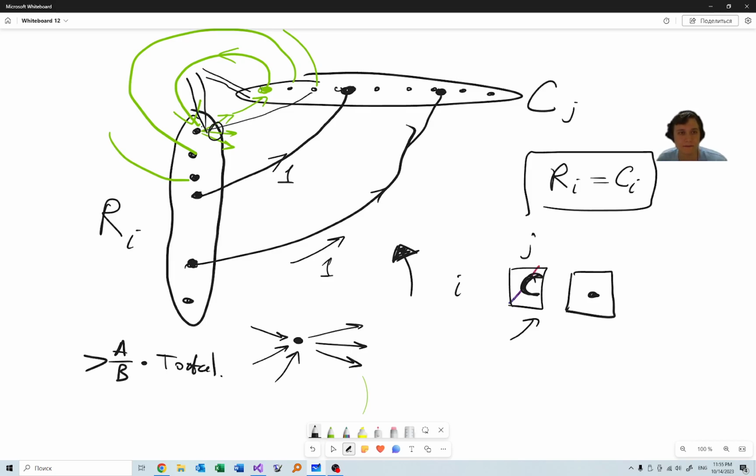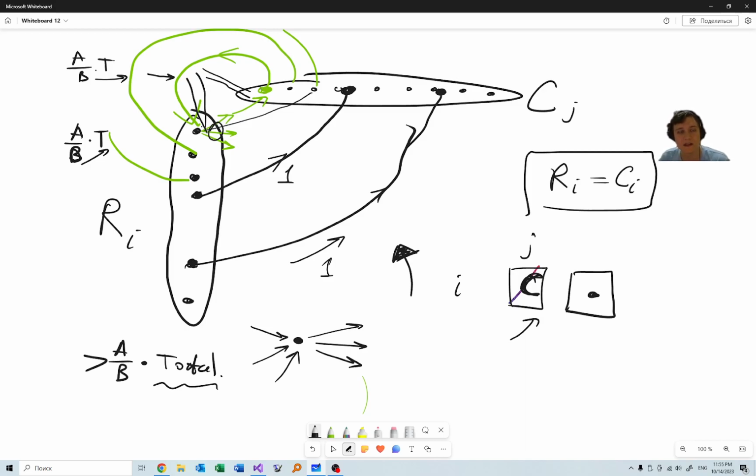Okay. So if we knew the total number of chips, we could just put them as capacities of these edges. So it would be A/B times total. But it is impossible. We cannot do it.